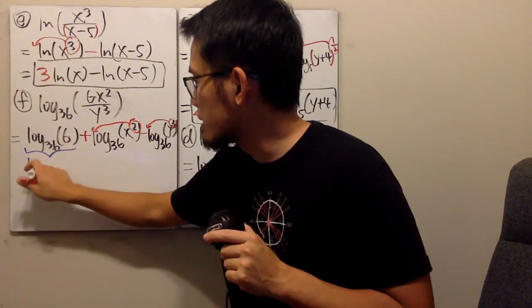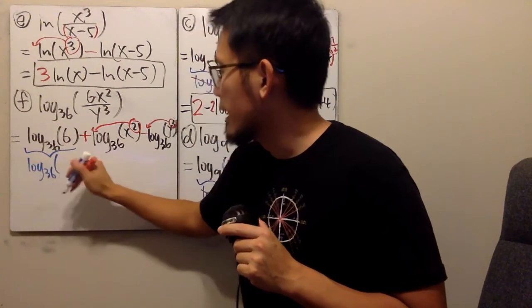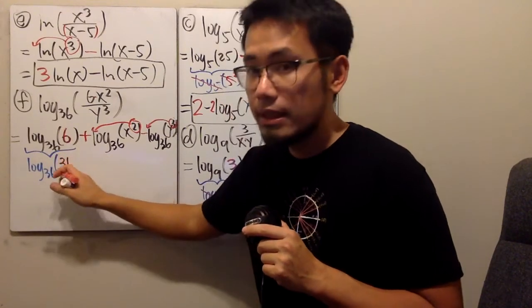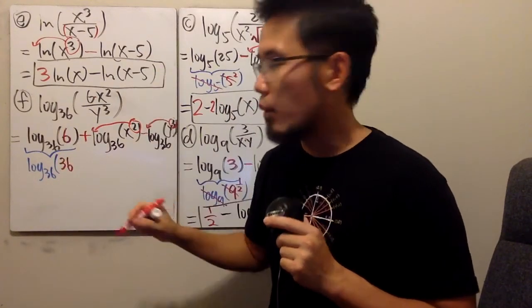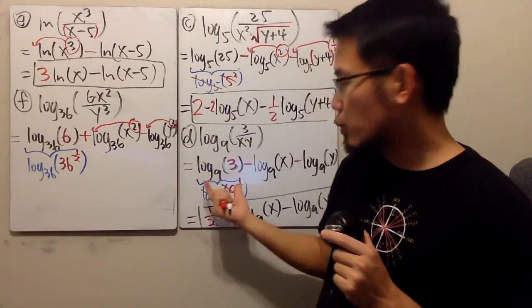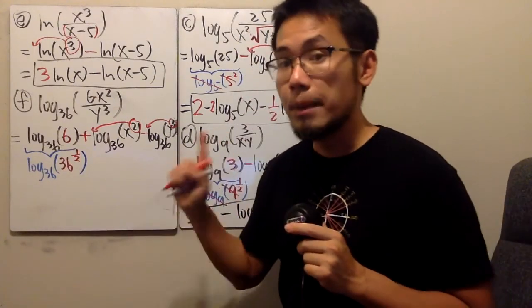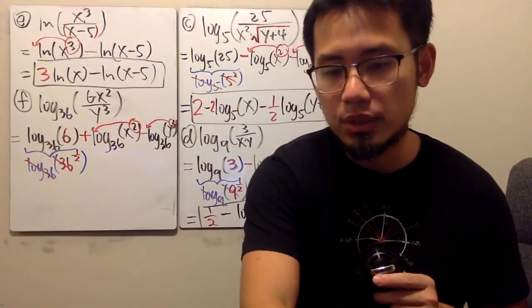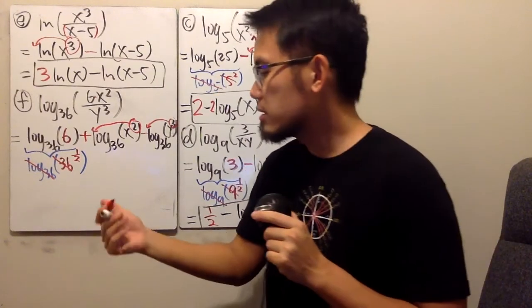This part is the same as log base 36. And for the 6, be sure you look at this as 36 raised to the 1/2 power. Right? Like this, which is very similar to what we did right here. And this is great because we can cancel.